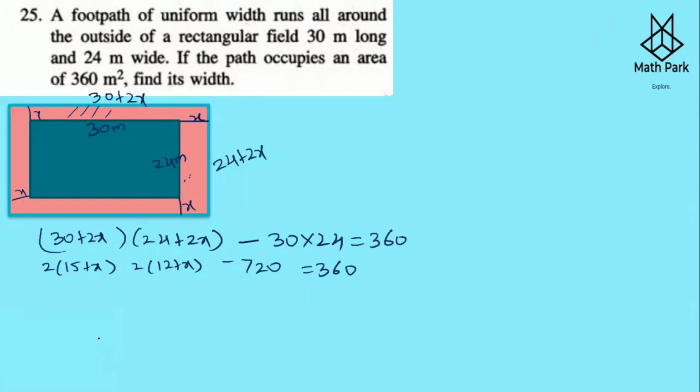Okay. So now this we have to multiply. So 2 twos are 4, and we need to multiply 15 plus x into 12 plus x. Multiplying binomials, we have already learned how to do that. So let us do it over here. And this 720 goes here, 360 plus 720.